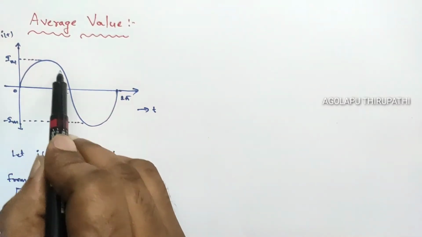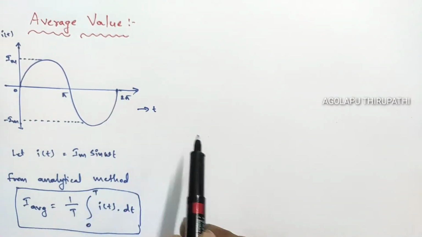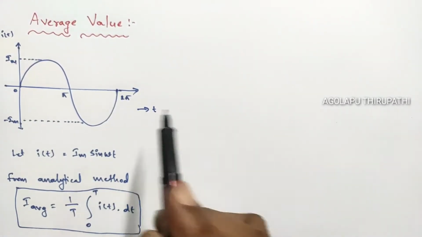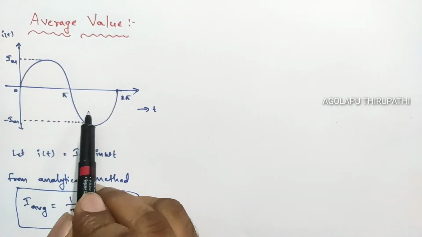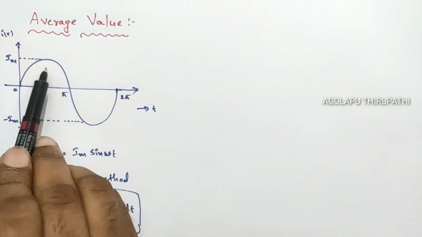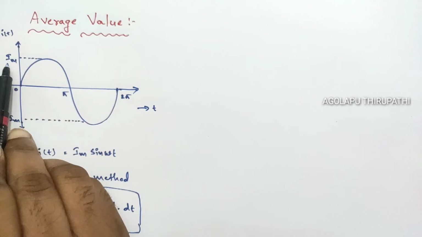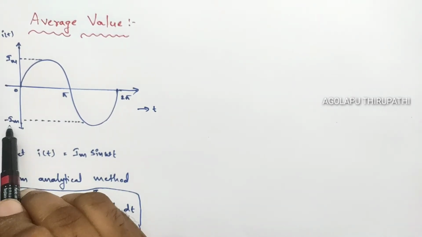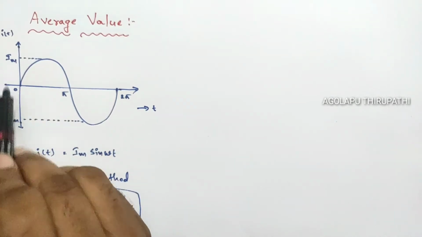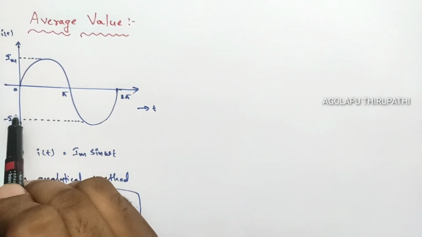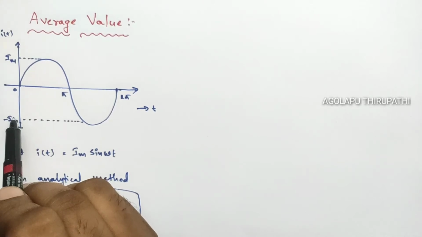If you calculate the average value over the complete cycle of a symmetrical waveform, you will get 0, because the positive half cancels the negative half. For example, if the positive maximum is Im and the negative maximum is minus Im, the average of these two is definitely 0.